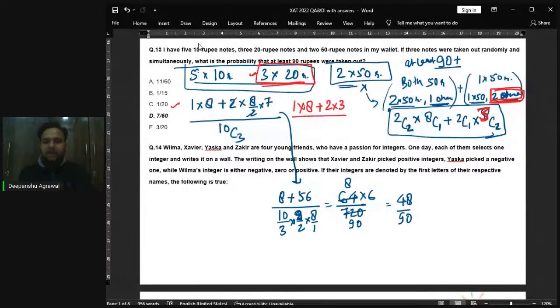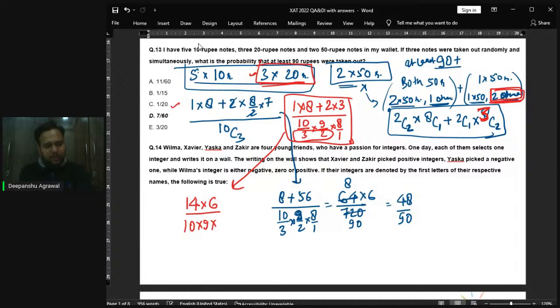And we have to divide it by 10 by 3 into 9 by 2 into 8 by 1. Now we have to solve this. So the numerator would be 8 plus 6, 14, into 6, divided by 10 into 9 into 8.